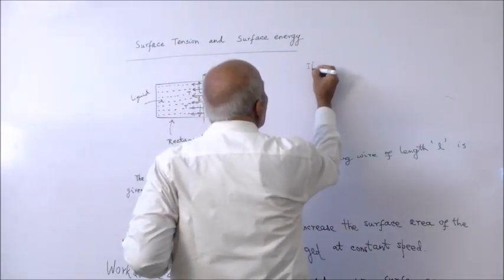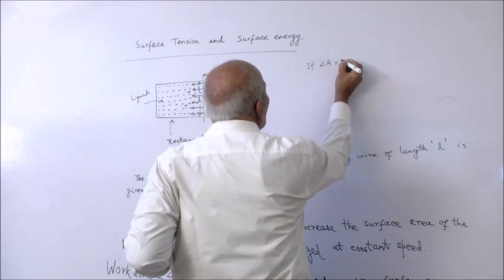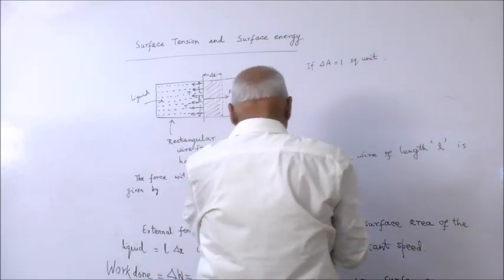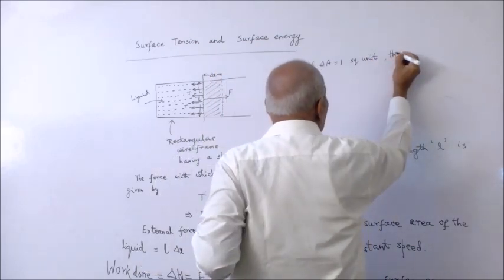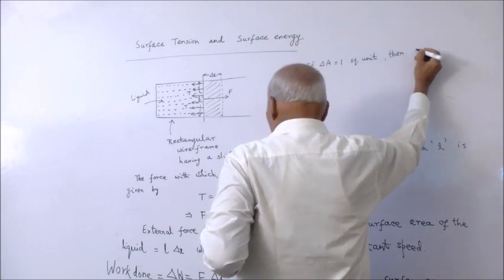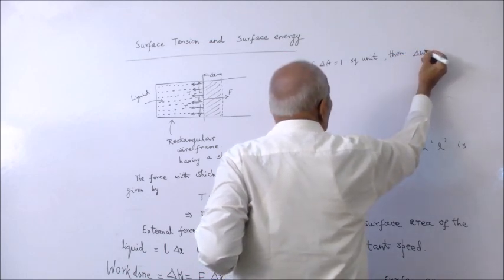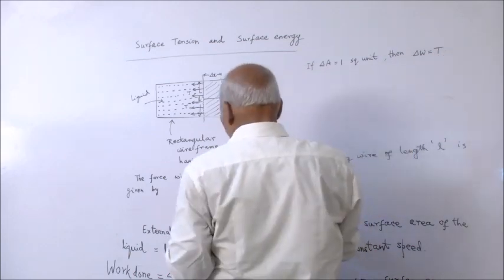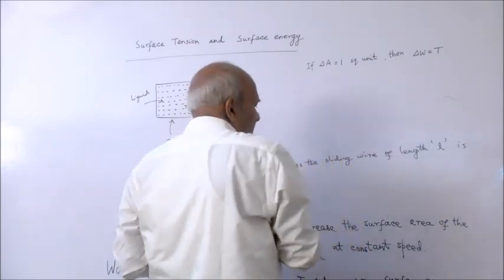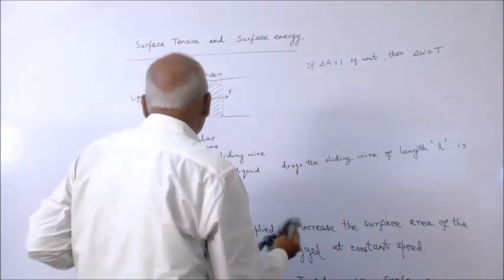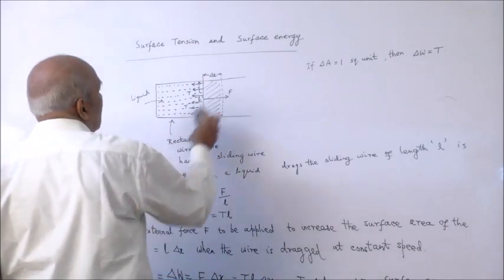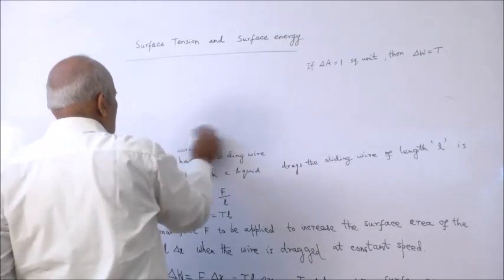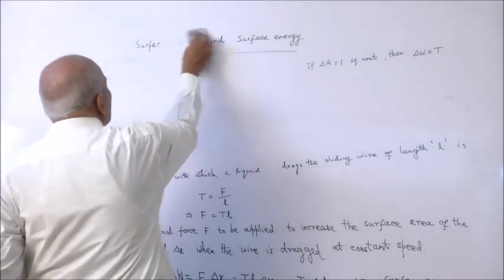So, if delta A is equal to 1 square unit, then delta W is equal to T. So, another definition of surface tension follows from this, that surface tension is equal to the amount of work done to create a surface of 1 unit. This is another definition of surface tension.